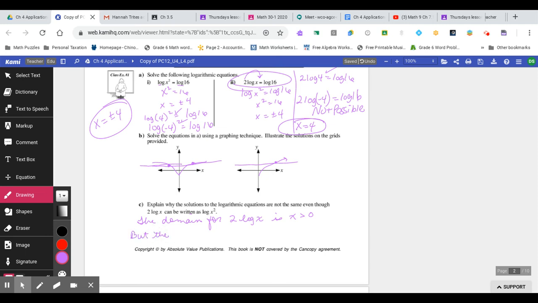But the domain for log of x squared is all real numbers. All right, turn the page.